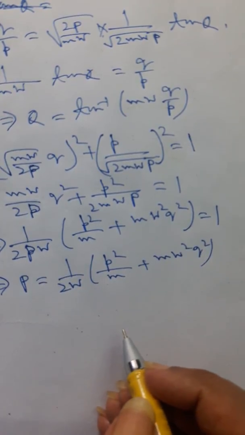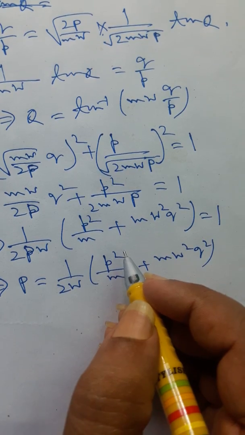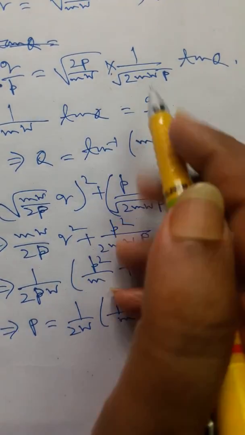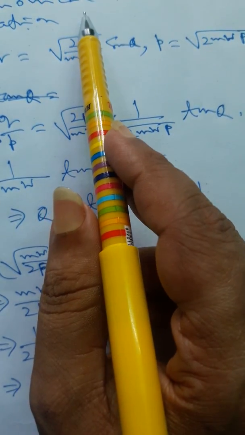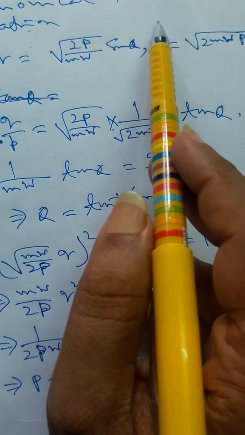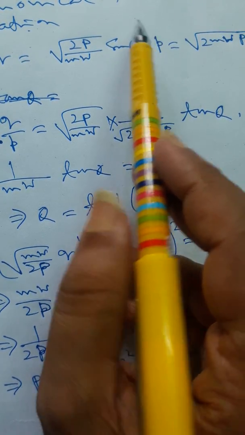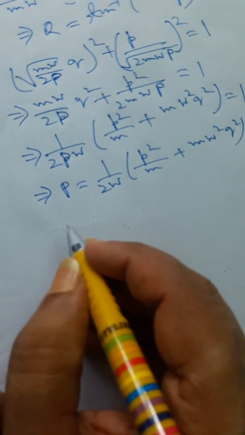Finally we find. Now if we consider these transformations, we have to prove whether they are canonical or not. So for this we are taking the Poisson bracket.